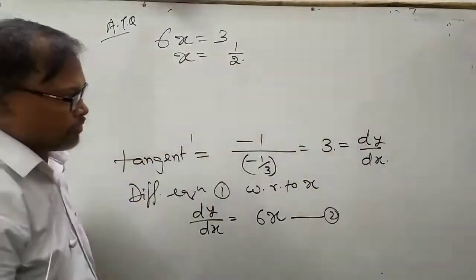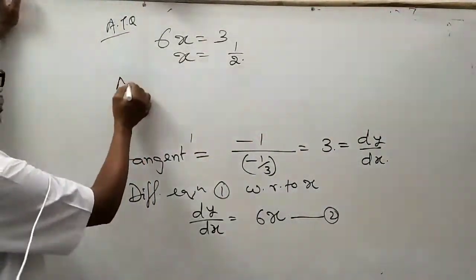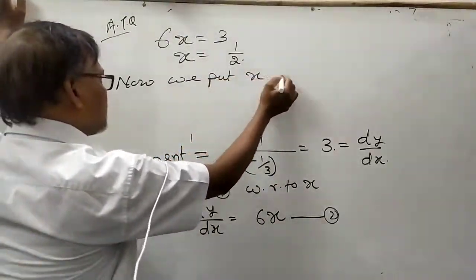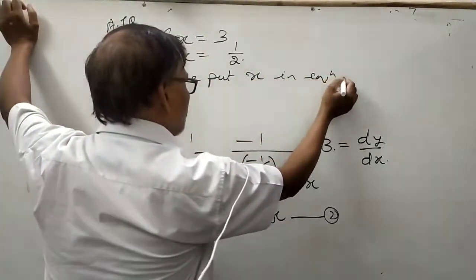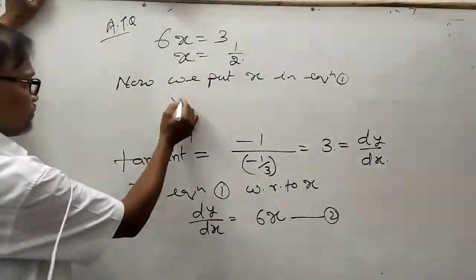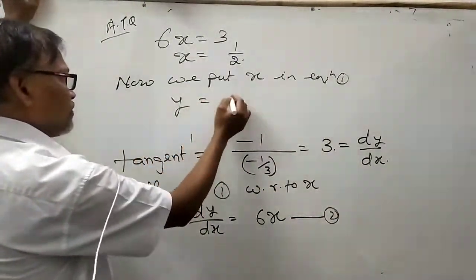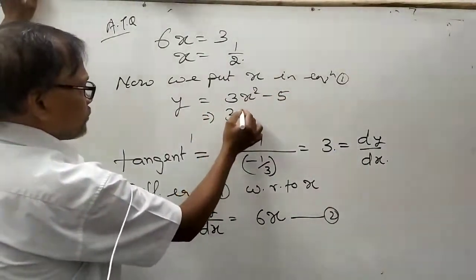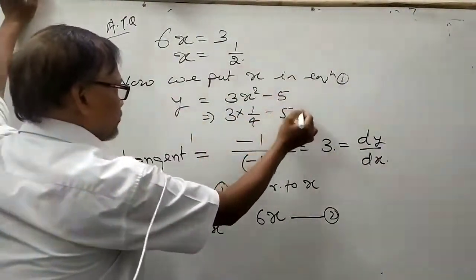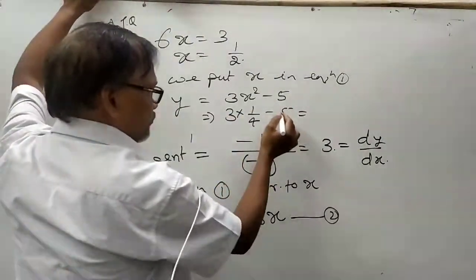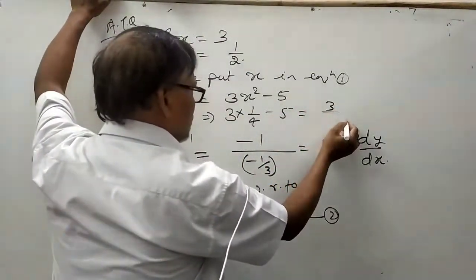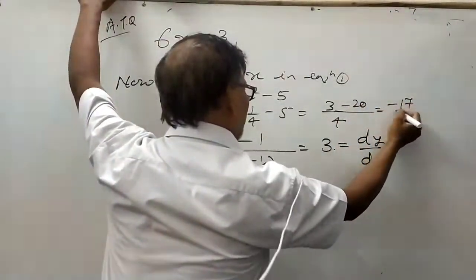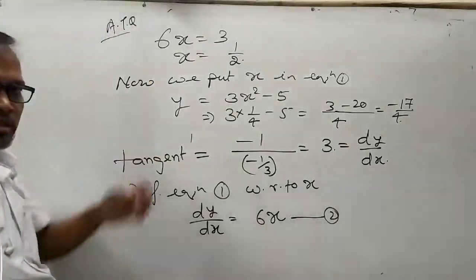Use the equation number 1. Y is equal to, now we put x in equation 1. 3x square minus 5. You put here 3 into 1/4 minus 5, or 3/4 minus 5, 4 fives are 20, means -17/4, by LCM.